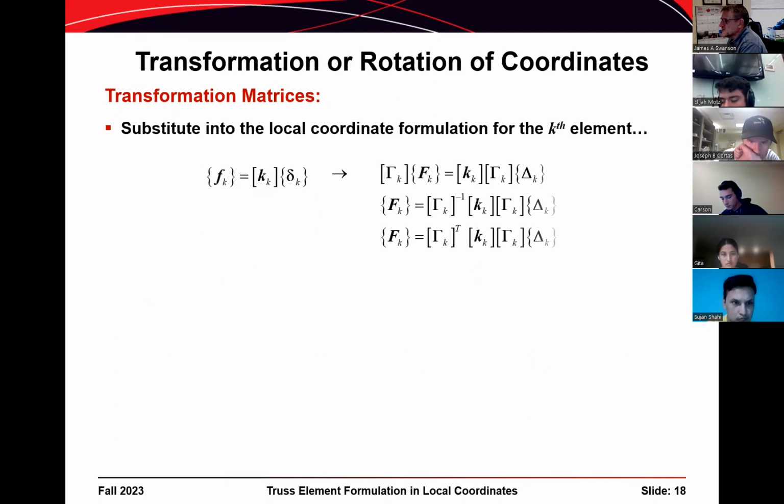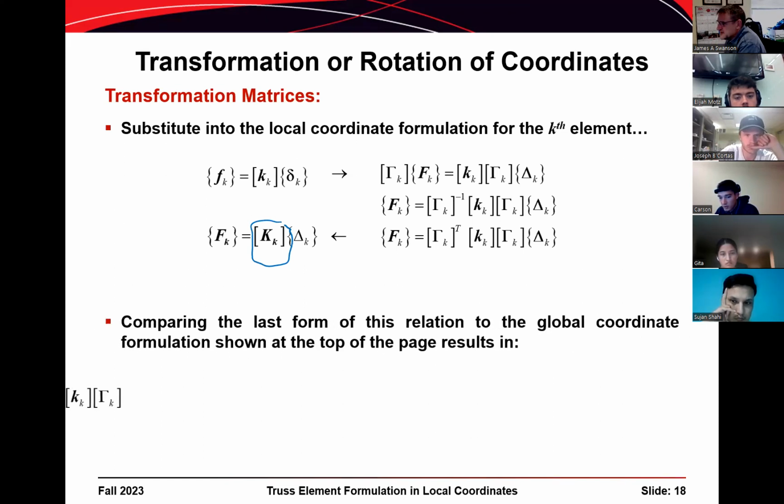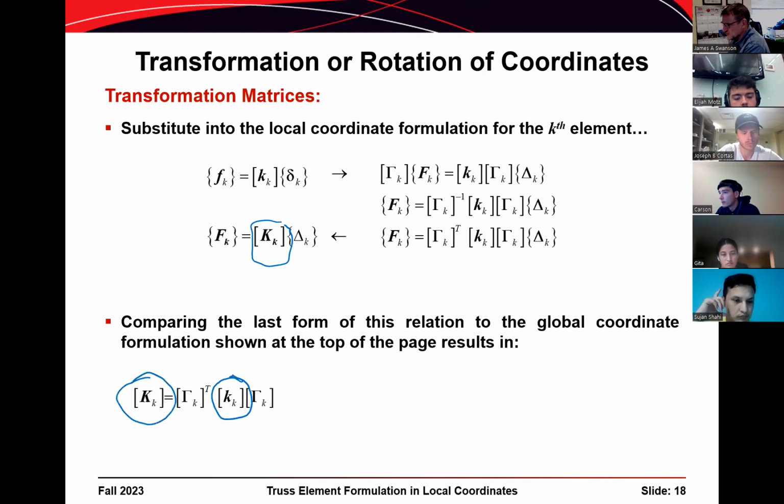So we can go through and do some manipulation, and what we can find is that we can develop the global stiffness matrix by going through a series of matrix operations where we take gamma transpose times the stiffness matrix in local coordinates times gamma. And then we can expand that, and we can do that for each of the element stiffness matrices. So if we derive our stiffness matrix in local coordinates, we can convert it to a stiffness matrix in global coordinates.